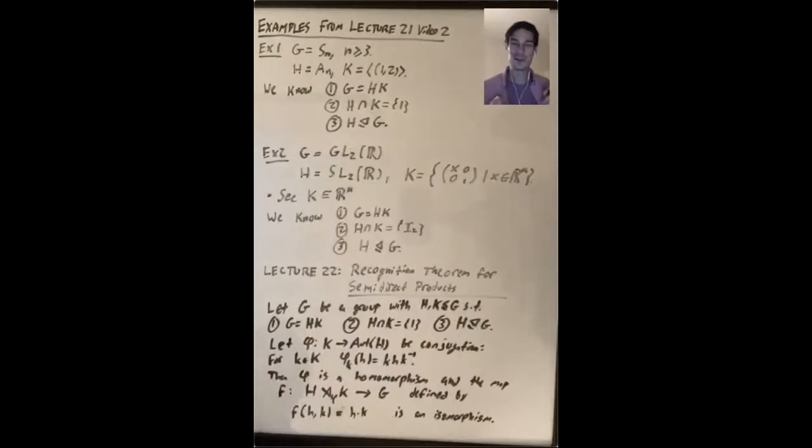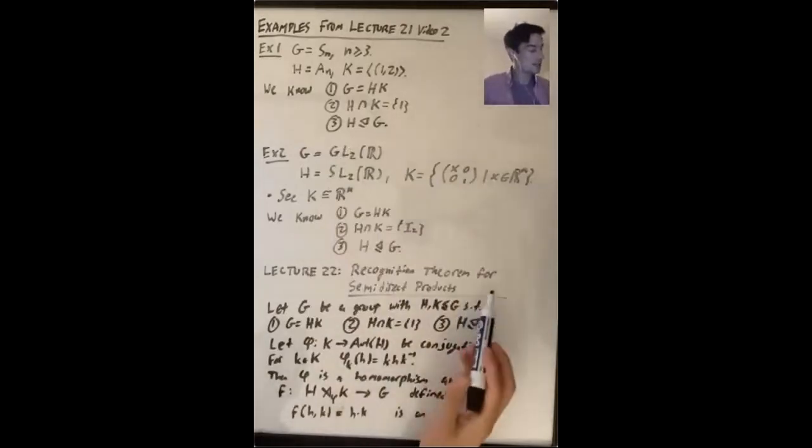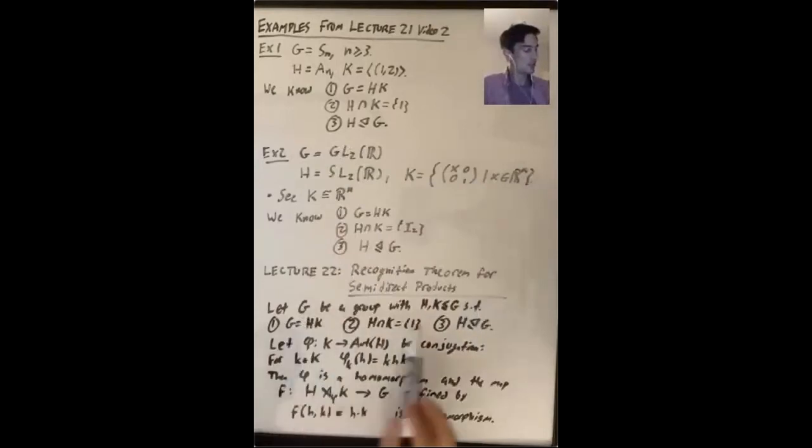All right, so in the last lecture, we saw the recognition theorem for semidirect products, which said if G was a group and H and K were subgroups in G, satisfying three things, G is equal to HK, the intersection of H and K is trivial, and H is a normal subgroup of G, then if you let phi be the function that takes K to an automorphism of H that is conjugation, so what does that mean?